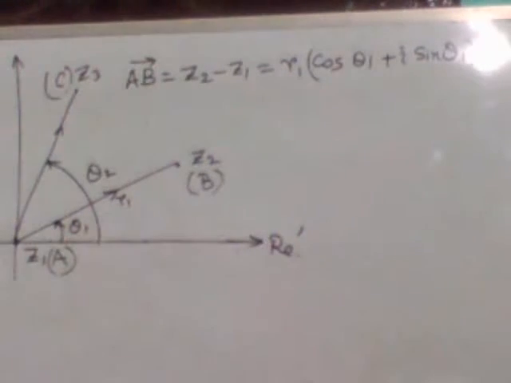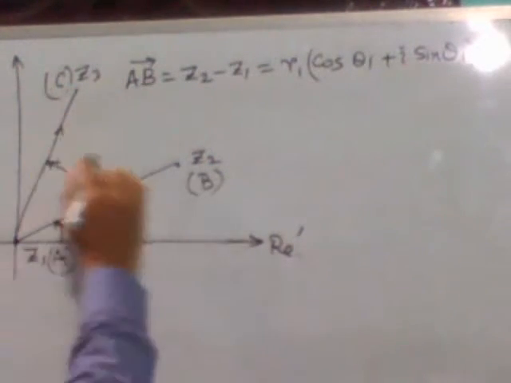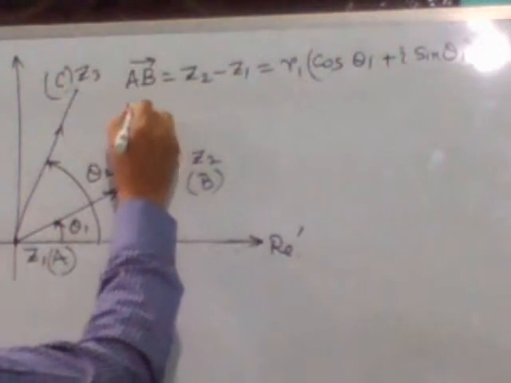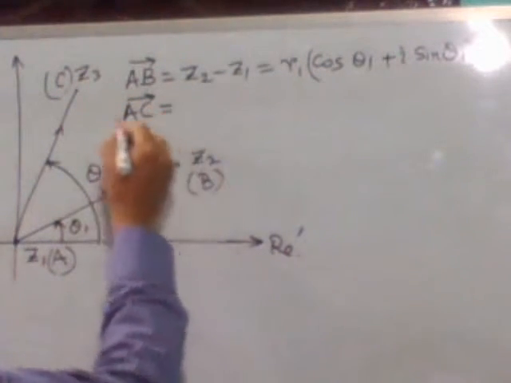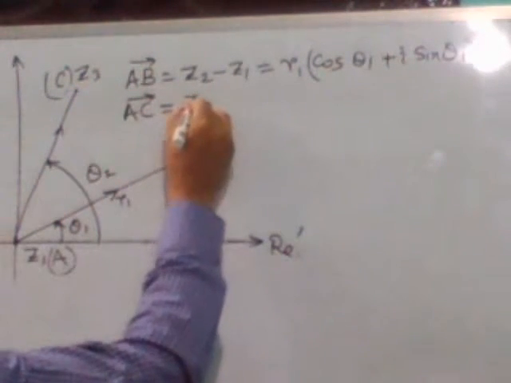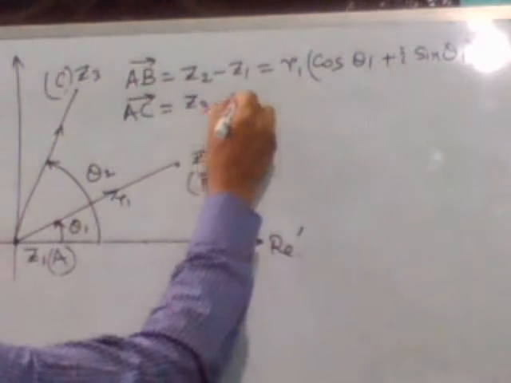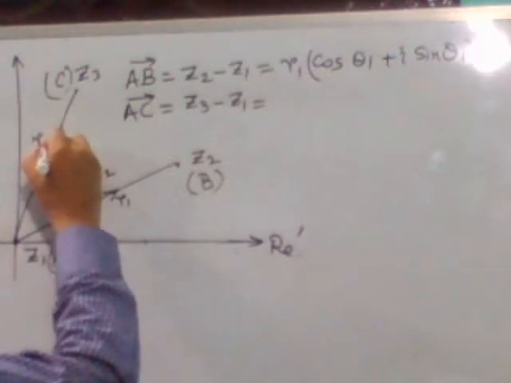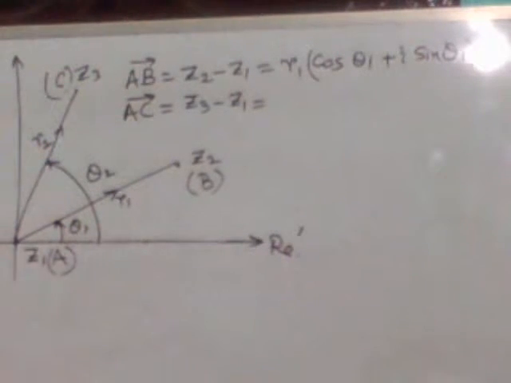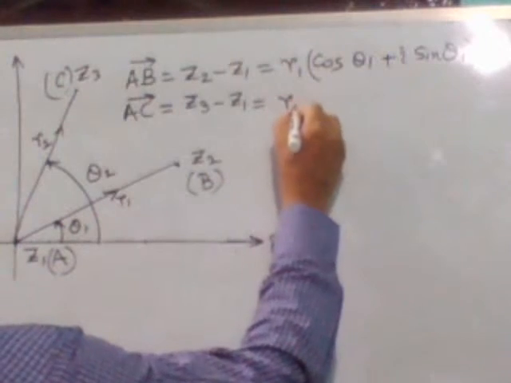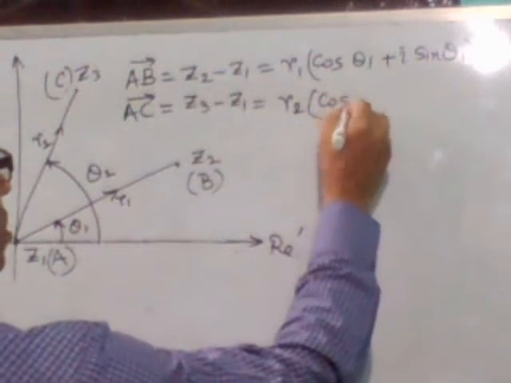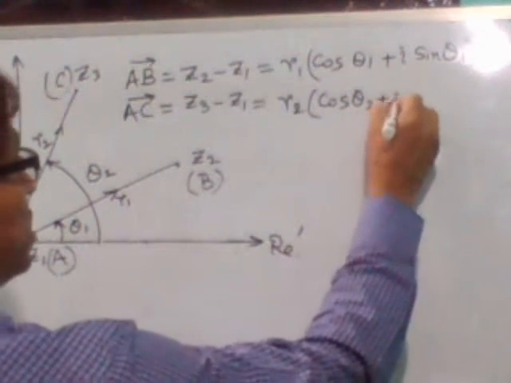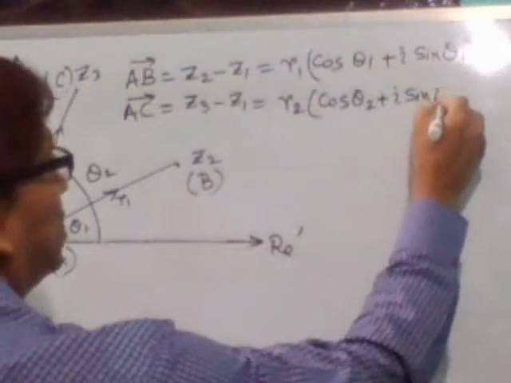Similarly, if you want to represent AC vector, this AC vector will be equal to Z3 minus Z1, and that will be equal to its length. Suppose its length is R2. Then this can be represented as R2 cos theta 2 plus I sin theta 2.